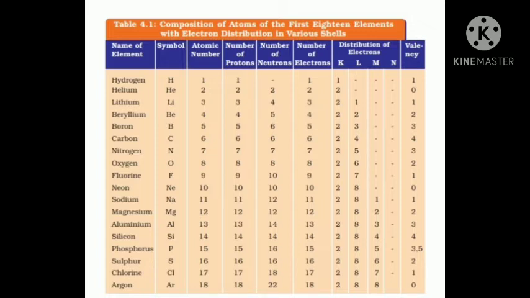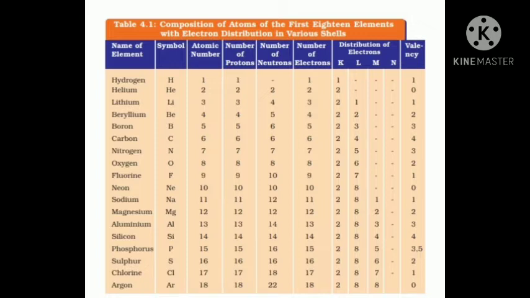For example, an element has the atomic number 7, that is nitrogen. So distribution of electrons 2, 5. First K shell contains 2, remaining goes to the next shell, 5. How will you find out the valency? Above 4, number of electrons in the outermost shell is 5.